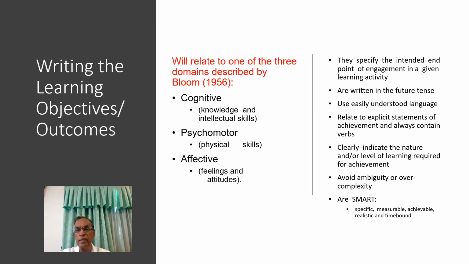Clearly indicate the nature and level of learning required for achievement. This is important with regards to the level of the learning the student is in. Avoid ambiguity or over complexity, and always resort to the famous SMART events.